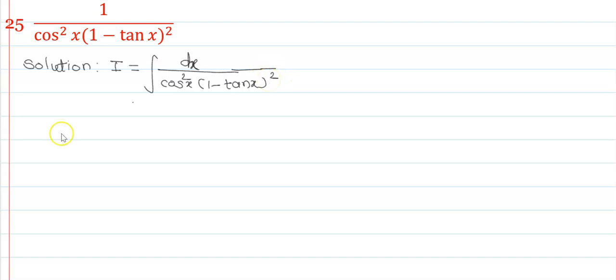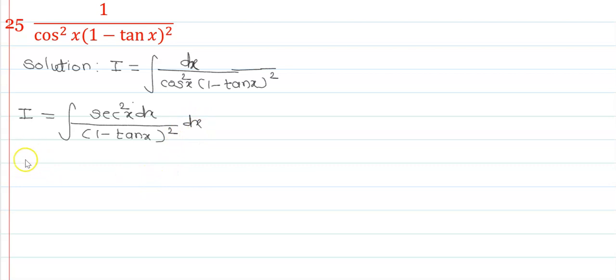Now this can be written as I is equal to the integral of 1 upon cos square, that will become sec square x, into dx upon (1 minus tan x) bracket square.